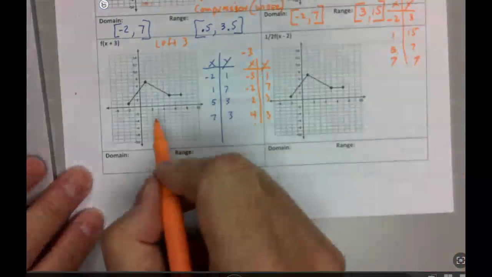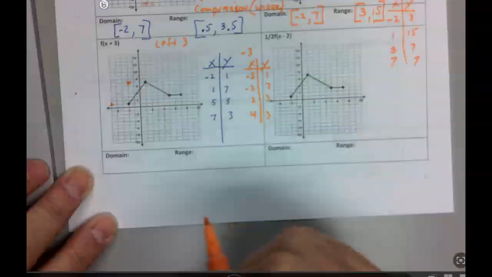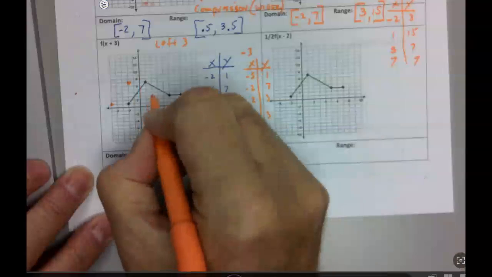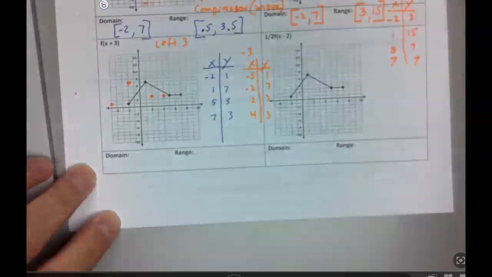So now I graph negative 5, 1. Negative 2, 7. 2, 3. 4, 3. And there it is.